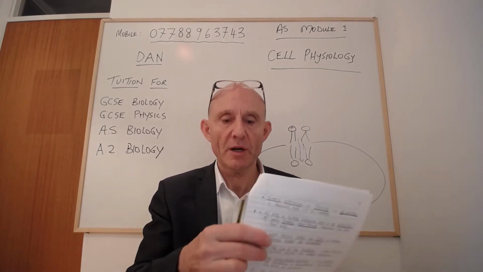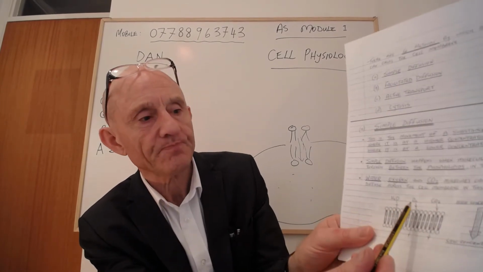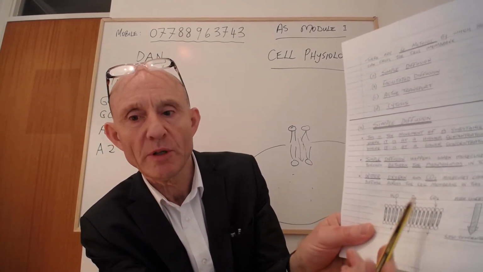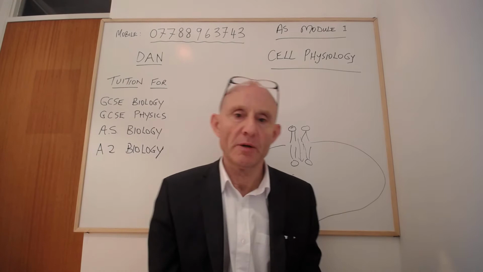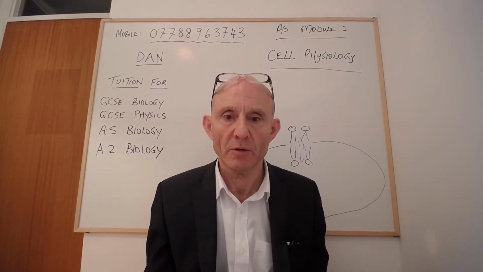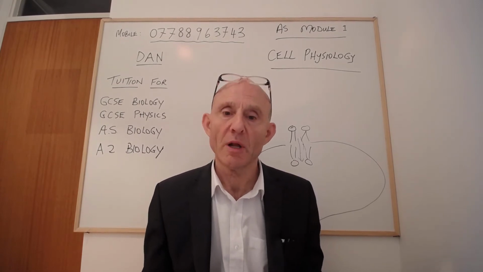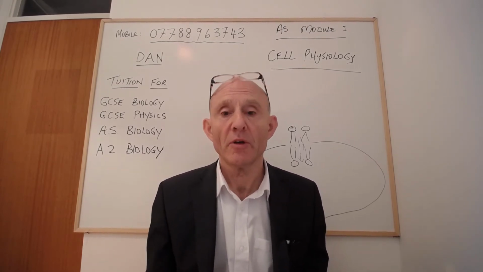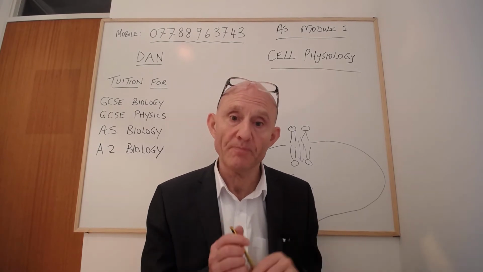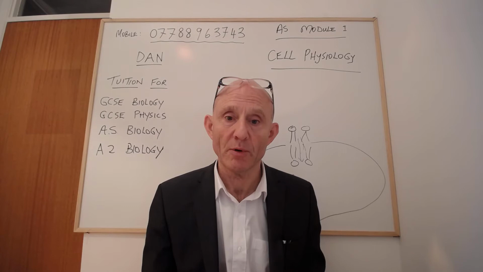You'll see from the diagram that each of those 3 molecules can simply slide through between the phospholipids. Simple diffusion happens from a high concentration to a low concentration. So if you had a high level of oxygen outside the cell and a low level of oxygen inside the cell, then the oxygen molecules could slide through between the phospholipid molecules. They're very small and they can slip through.